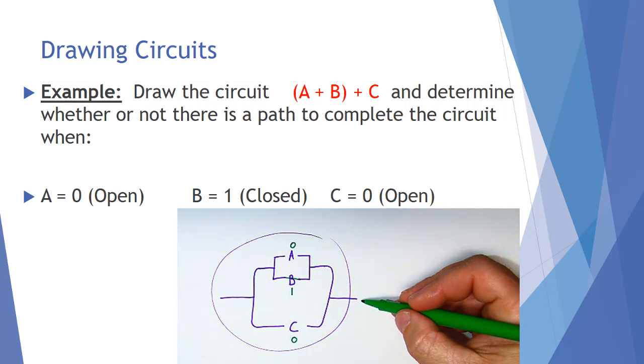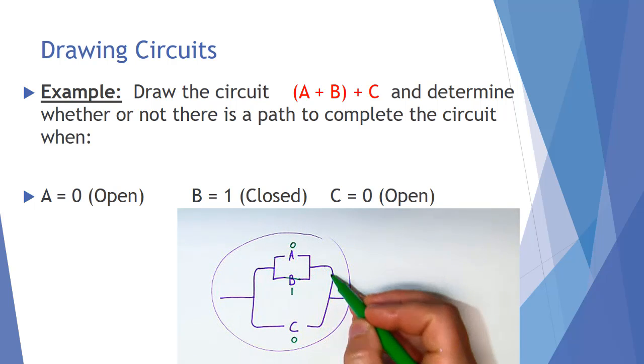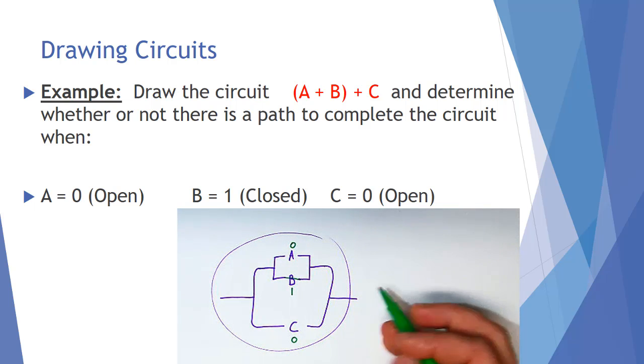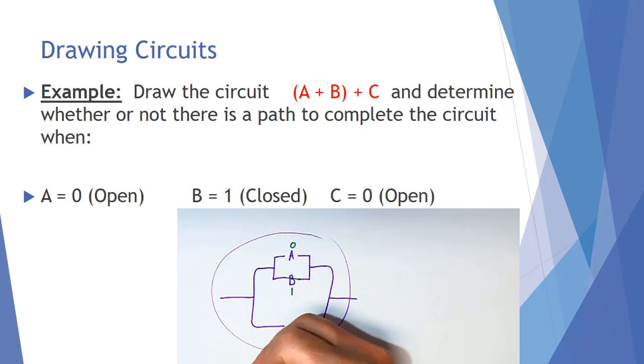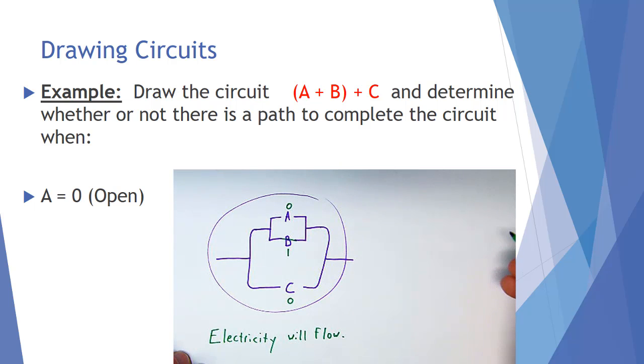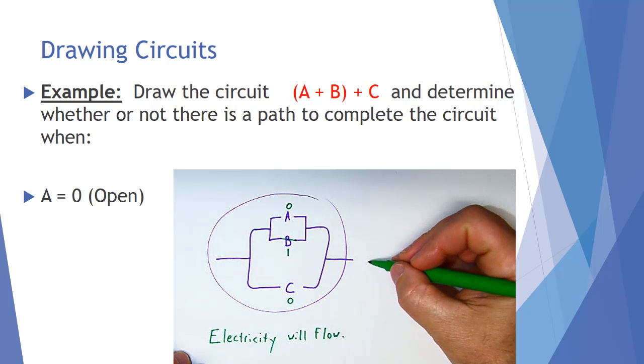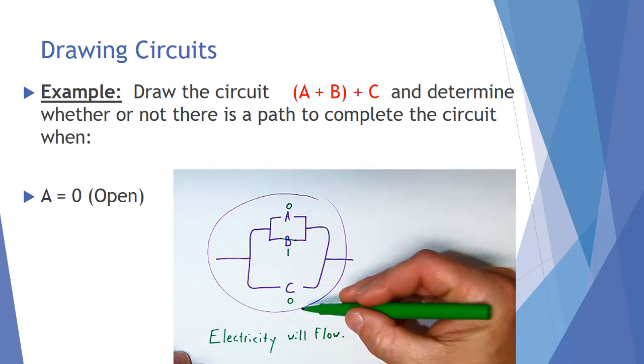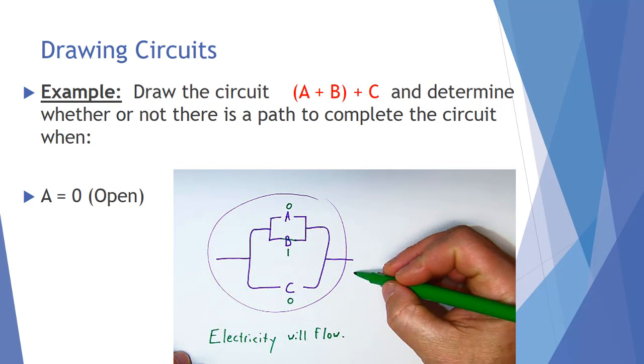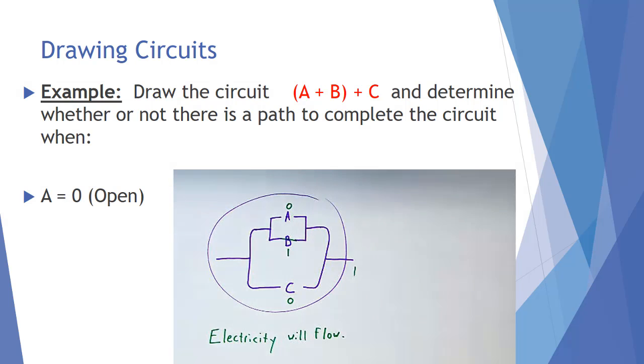What's our outcome here? Well, you can see we've got a path to flow right there, and so electricity will flow here as well. And in fact, we could say that the outcome of this, when A is 0, B is 1, and C is 0, we can conclude that our output here is a 1.